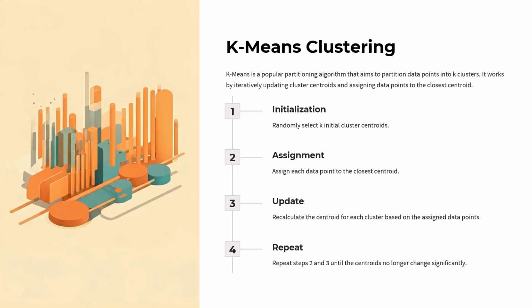K-means is efficient and works well with large datasets, but it assumes that the clusters are spherical and of equal size, which might not always be the case.